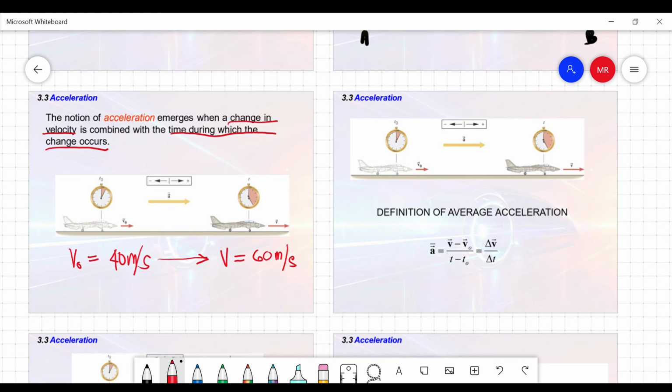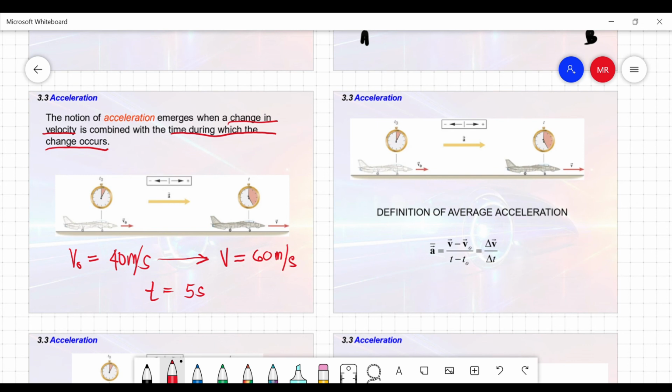Tama ba? Buti kung gas-gas lang. Okay? So, hindi siya ganun. Ibig sabihin, merong gradual lang, paunti-unti lang yung pag-change mo from 40 to 60. Sabihin natin na nag-change ka, yung time mo from 40 to 60 ay after 5 seconds. Paunti-unti. Okay?